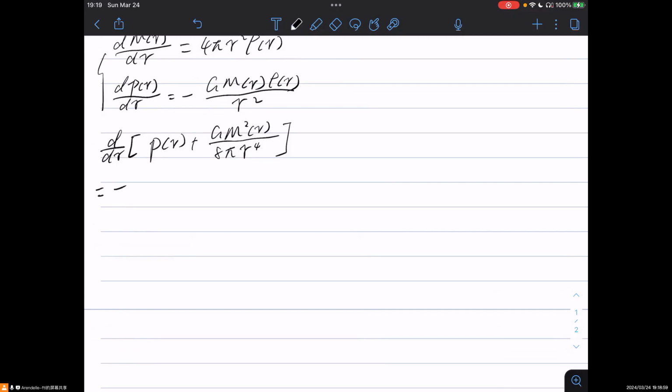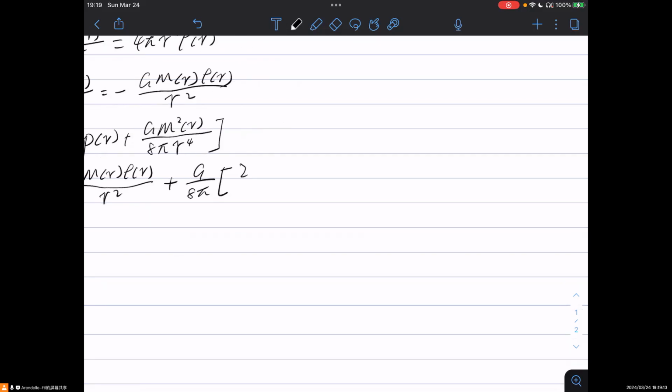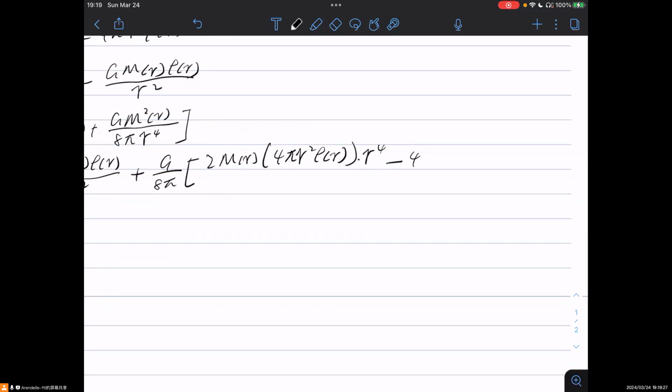And we obtain minus G m(r) rho(r) over r squared, and G over 8 pi times [2 m(r) times 4 pi r squared rho(r) times the fourth power of r minus 4 times the third power of r times m squared(r)] over the eighth power of r.